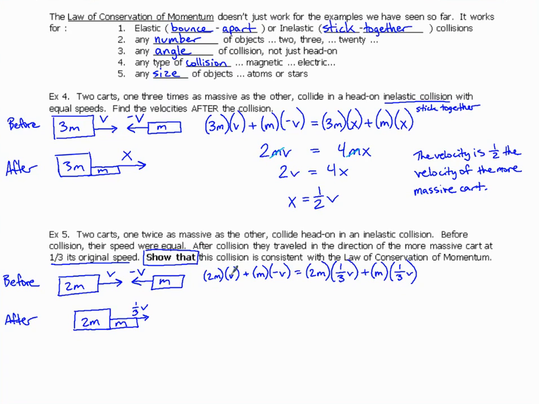So 2m times v, and write that as 2mv, negative mv, so minus mv, where the negative came from, equals, this is 2m times 1/3 v, or 2/3 mv, and here we have positive 1/3 times m times v.